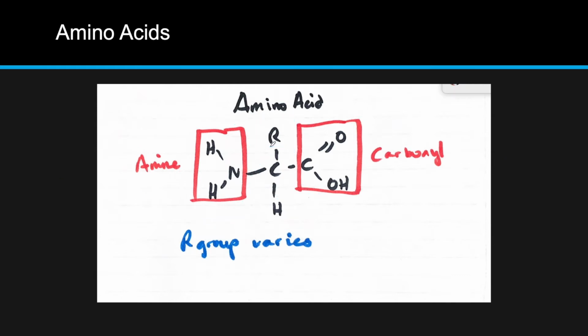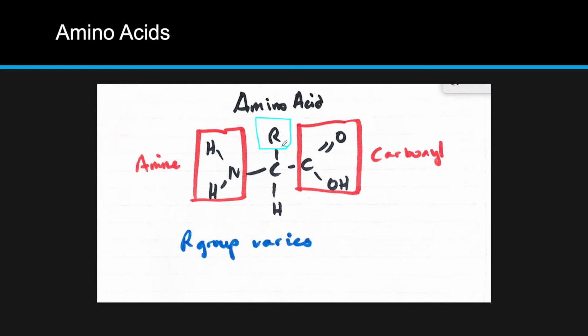When it comes to the R groups, these are going to vary between amino acids. There are about 20 different amino acids that create all the different proteins that form life. IB doesn't expect you to know all these different amino acids or all the different R groups, but you should know that this is the variable that changes the different amino acids. And this is actually what changes protein structure, which we'll talk about a little bit later.